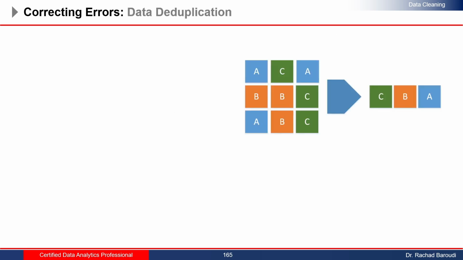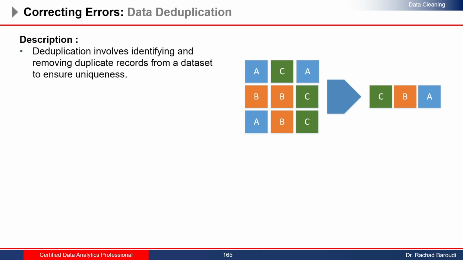The second error is data deduplication, which involves identifying and removing duplicate records from a dataset to ensure uniqueness. As you can see here on the right side, you have many records, A's and C's and B's.